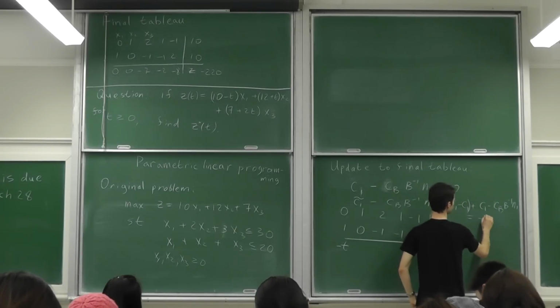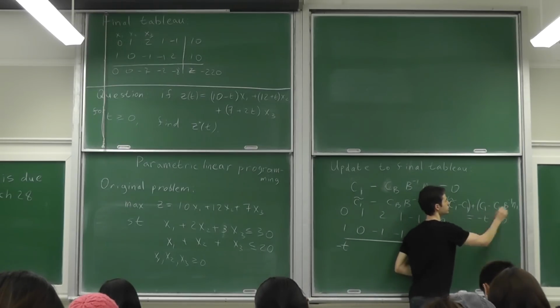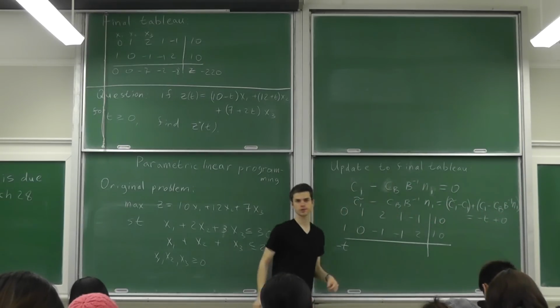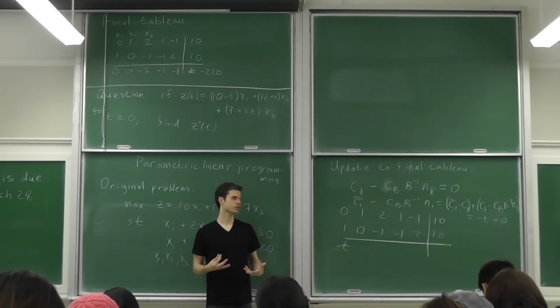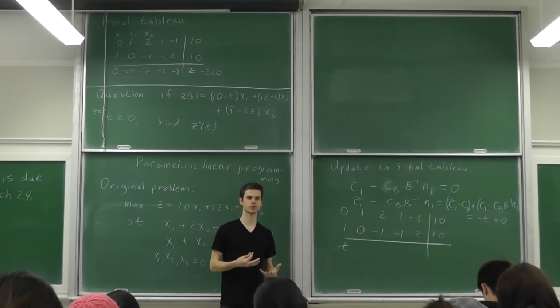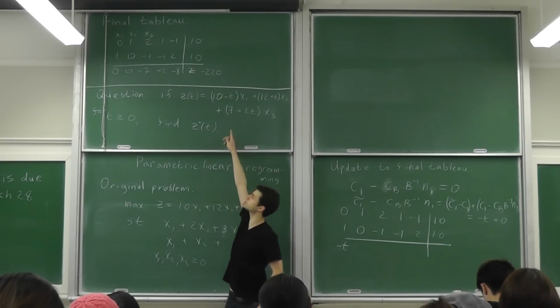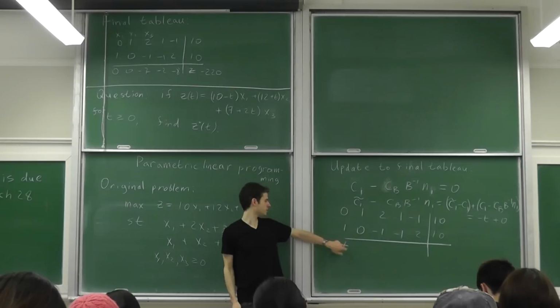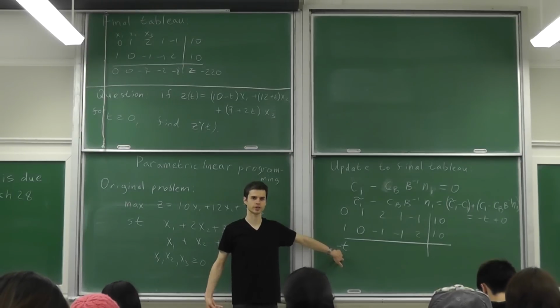So this difference is minus t, and the old coefficient is 0. What I'm trying to say is that this change in the last row propagates linearly. If you decrease the first coefficient by t, in the final table it will still decrease by t. Similarly about all the other coefficients.